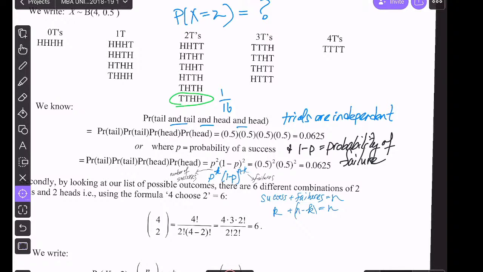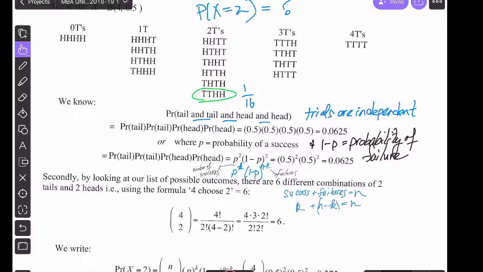What we're looking for is a way to compute the number of successes, or 2 successes in 4 trials. How many ways are there of seeing 2 successes out of 4?